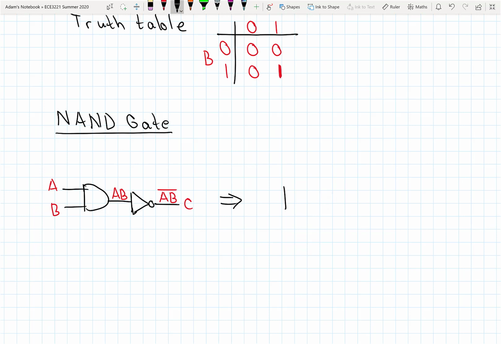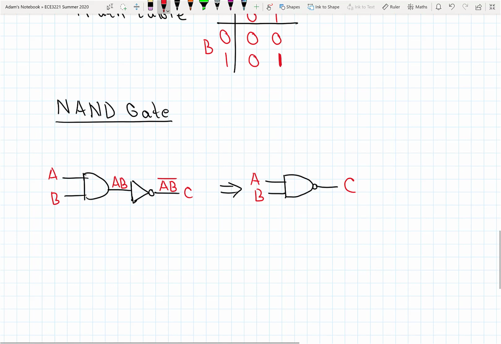We show it simply as an AND gate with a bubble on the output. So there's that bubble again, signifying that inversion operation at the output. A, B on the input combine to form C on the output.